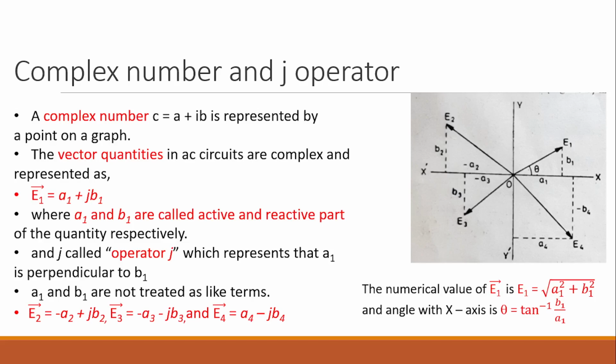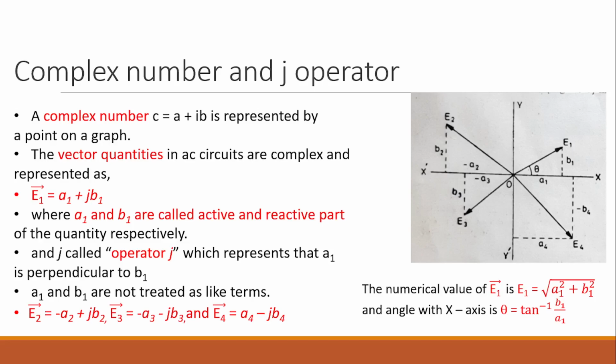When j is applied on a vector, that means the vector is simply rotated in the anti-clockwise direction by 90 degrees or pi by 2 radians. And the magnitude of j is square root of -1. It is the same as i, the imaginary number in complex numbers.